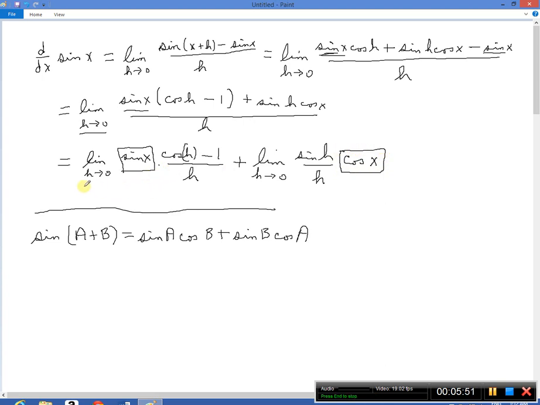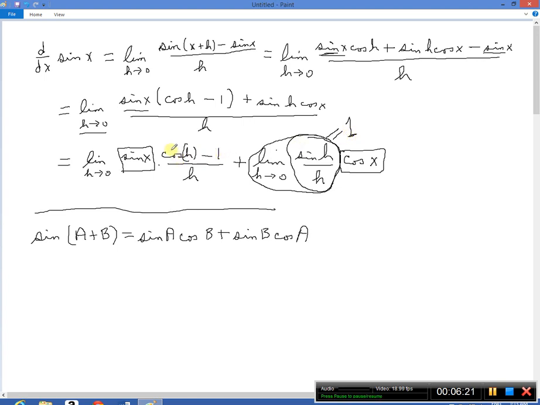Now at this point I'm just going to tell you what's going to happen, because we're not going to go into all the details at this point. But what we will see is that this limit right here, or rather the limit as h goes to 0 of sine h over h, that limit is very, very important. We've played with it a little bit in the lab, but it's going to turn out to be 1.